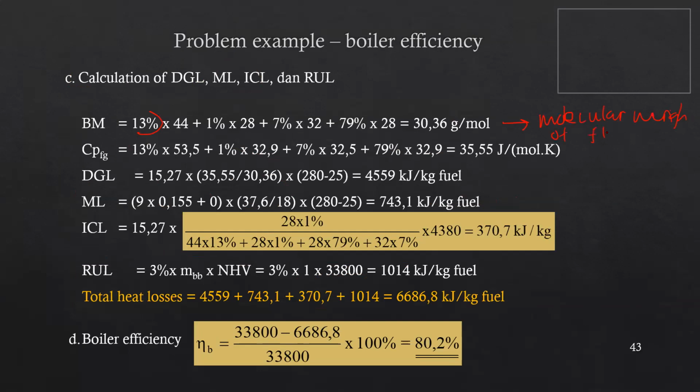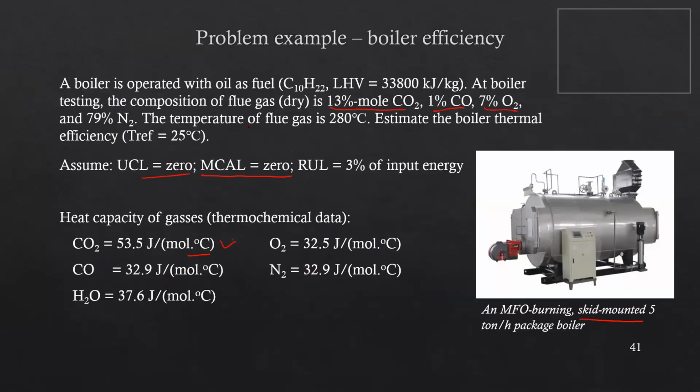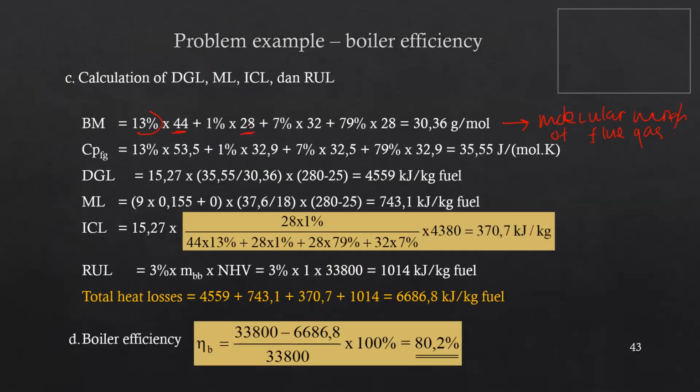Of flue gas. It's based on, again, the percentage of each composition multiplied by the molecular weight of each compound. So this one is for CO2, this is for the 1% CO, 7% for the oxygen.